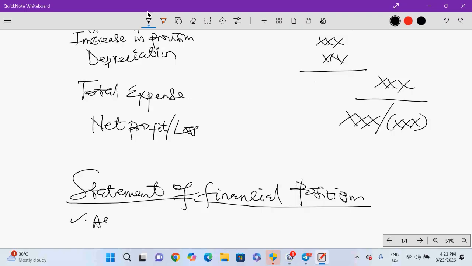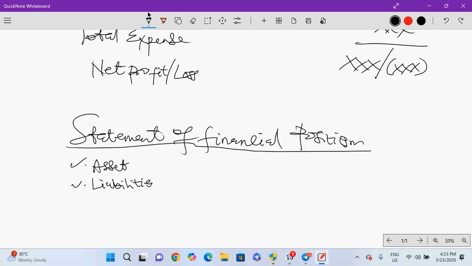Looking at the company's assets, their liabilities, and equity, which is the residual interest, at a particular point in time. We want to know whether the company is having more liabilities than assets. So the position of the entity is what we are looking at, the financial position.